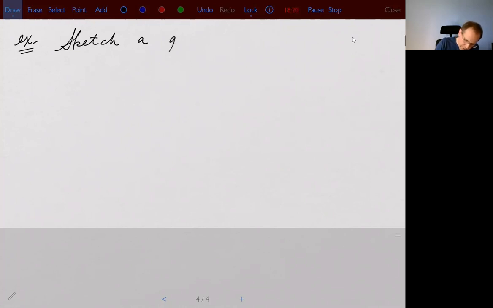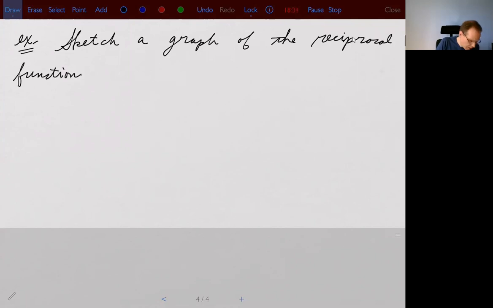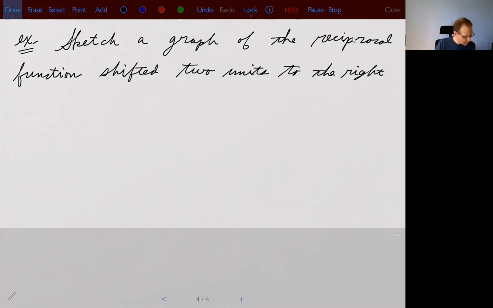So sketch a graph of the reciprocal function, and let's say it's shifted 2 units to the right and down 1 unit.